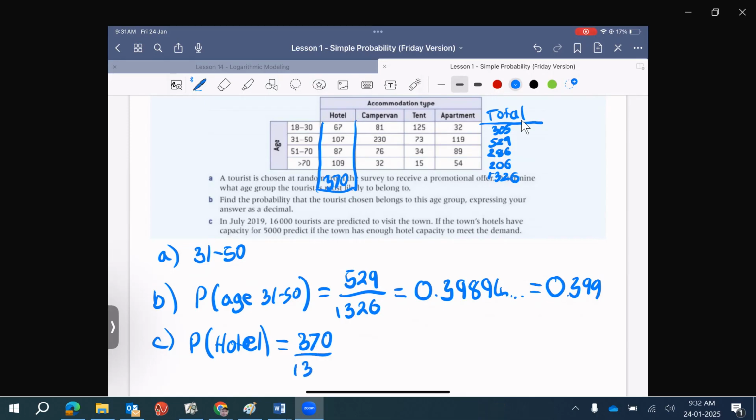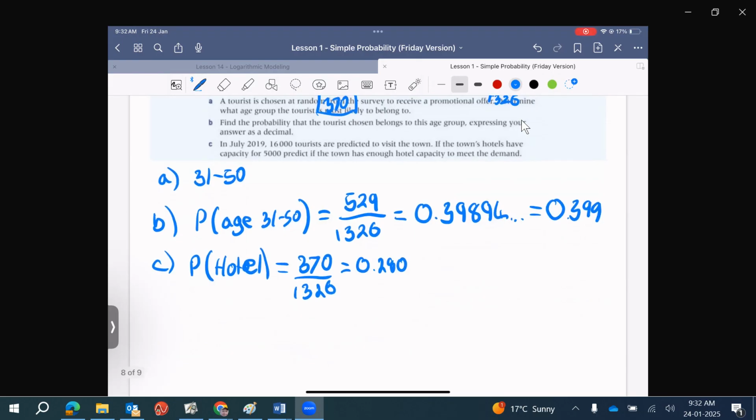So the probability of somebody wanting to stay in a hotel, according to our statistical data, is 370 over 1326, which is roughly equal to 0.280. Now, what is our expectation that in our next event they will want a hotel?